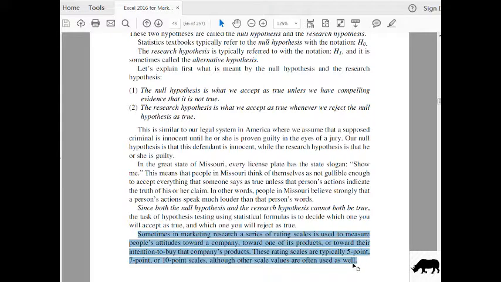Sometimes in marketing research, a series of rating scales is used to measure people's attitudes toward a company, toward one of its products, or toward their intention to buy that company's products. These rating scales are typically 5-point, 7-point, or 10-point scales, although other scale values are often used as well.